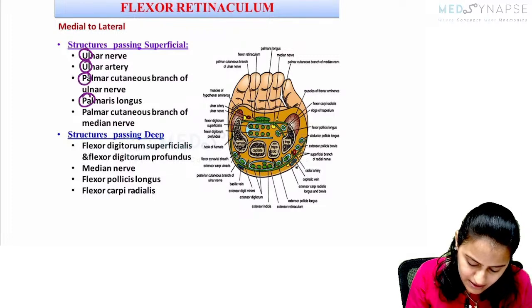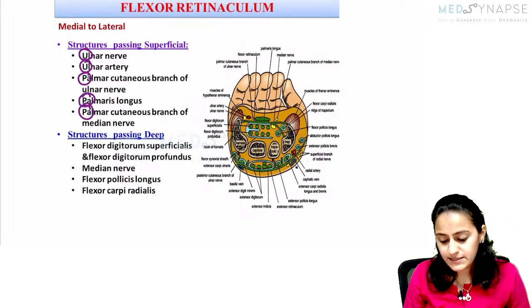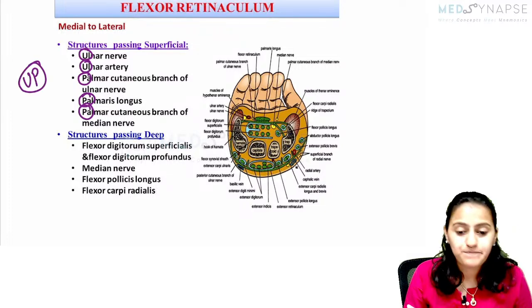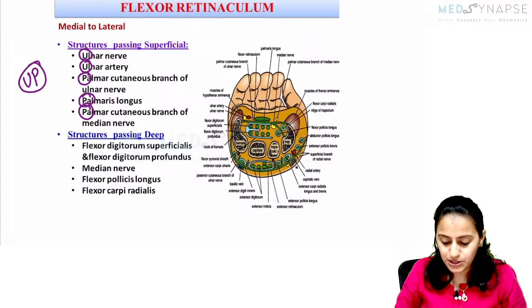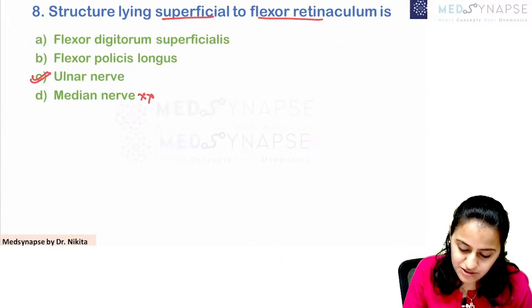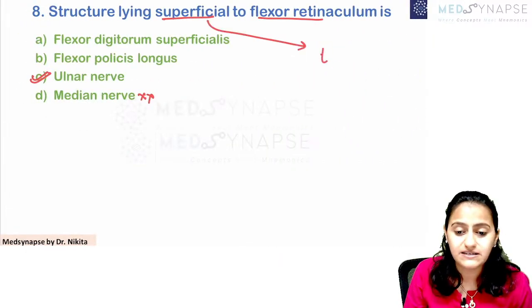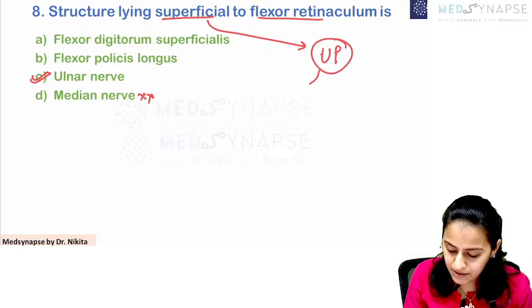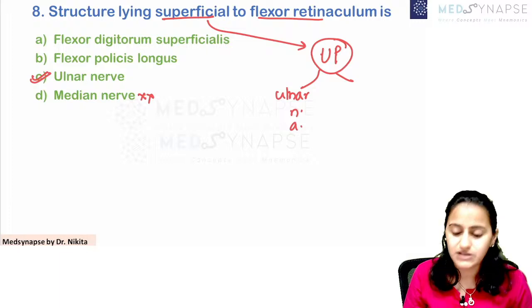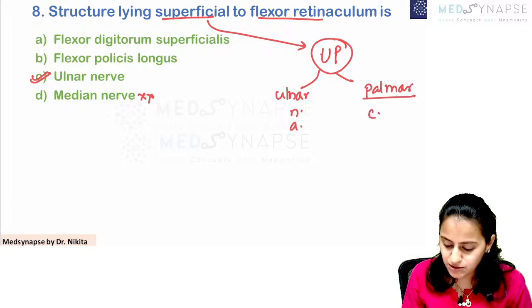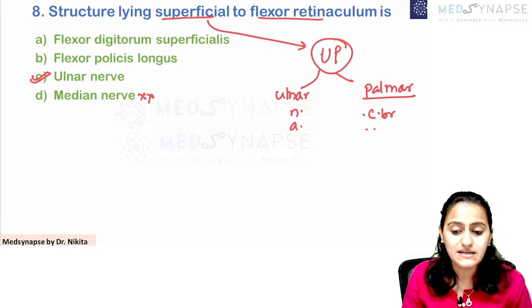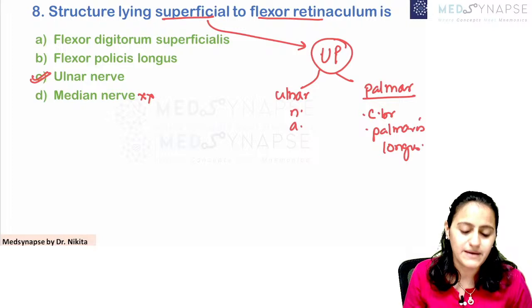Ulnar, palmar. This is UP, that is above the flexor retinaculum. So remember the mnemonic for structures superficial to flexor retinaculum is UP. What does UP stand for? The ulnar nerve, the ulnar artery, and all the palmar: the palmar cutaneous branch of ulnar and median nerve, and the tendon of palmaris longus.